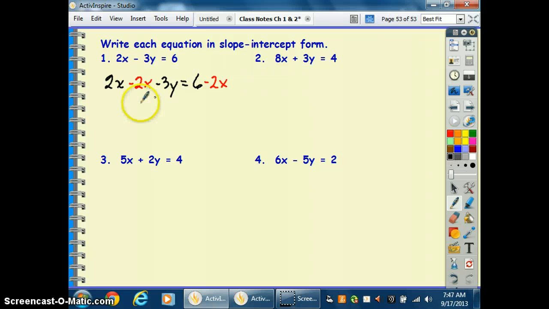And then I'll end up with negative 3y equals negative 2x plus 6, kind of getting it in that y equals mx plus b form.